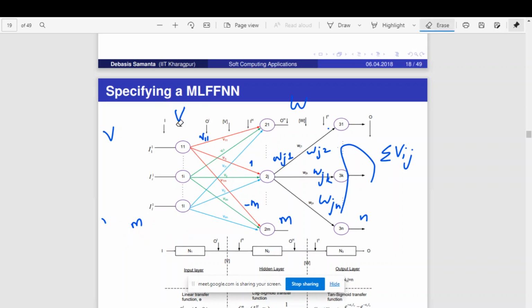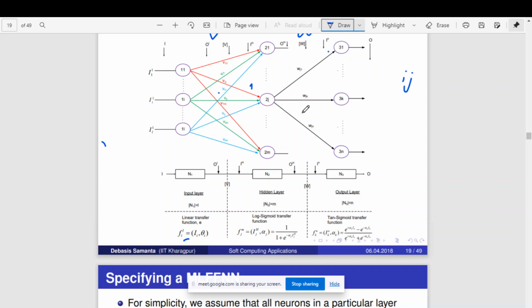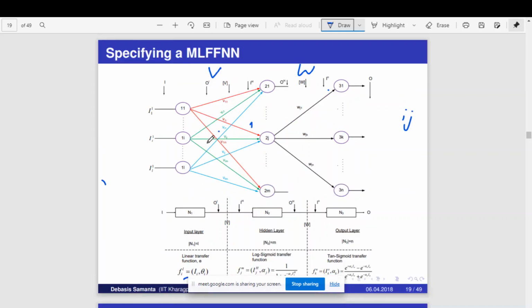The input is known, and you also know the correct output, but the network should be adjusted so that for any input it automatically gives the correct output. V represents the weight matrix of this part and W represents the weight matrix of this part.